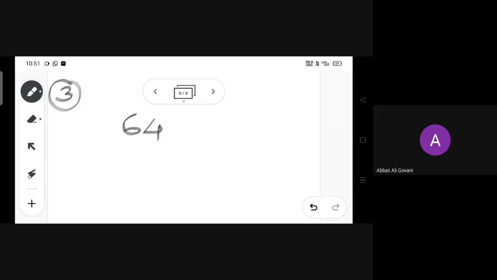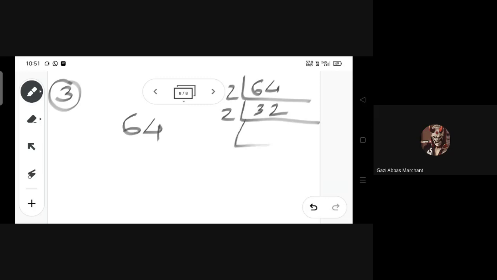If you want to find it in exponential form, you have to do the factors of 64. 64 is divisible by 2. Again, 32 is divisible by 2.